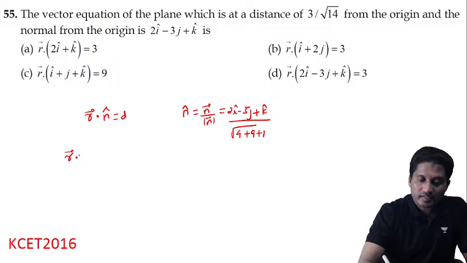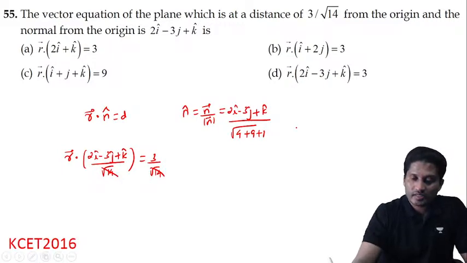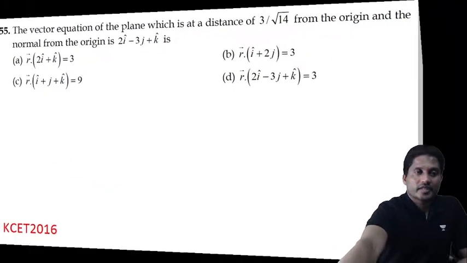N cap will be equal to 2i minus 3j plus k whole divided by root of 14. D is equal to 3 by root of 14. Root 14 will cancel. R dot with 2i minus 3j plus k equals 3. Last option D only. Let's move to the next question.